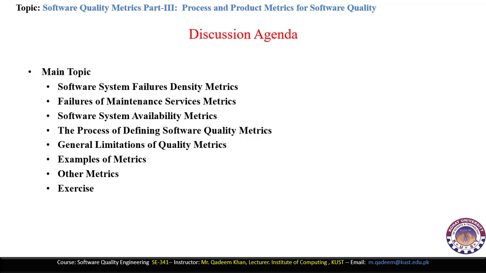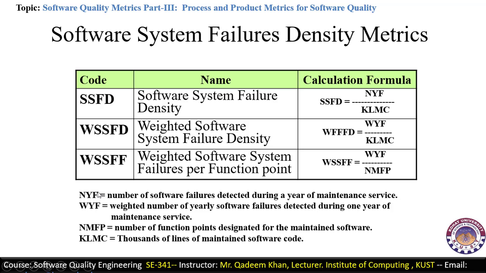Here are different examples of the metrics and also other examples of the metrics. There are certain other metrics which we cannot place in any category, but these are also very useful metrics. And at the end we have the exercise. So this is very much important to do certain numerical exercises at the end.